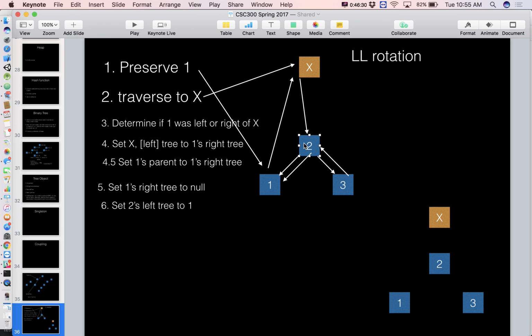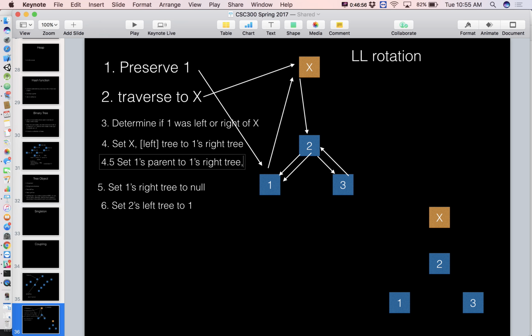Before I disconnect that, I'm going to remember that my right tree used to be 2. He's now my parent. So I'm going to set that. Specifically, I'm going to be his left child. Does that make sense?